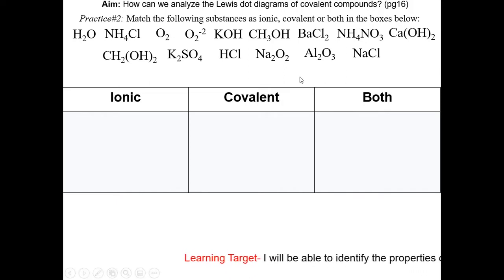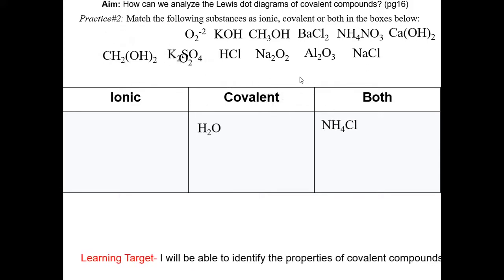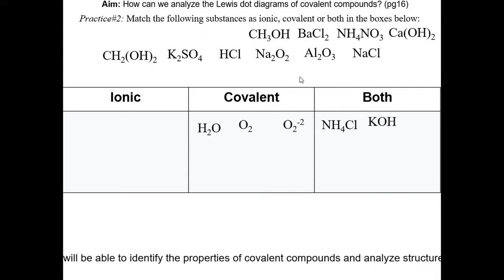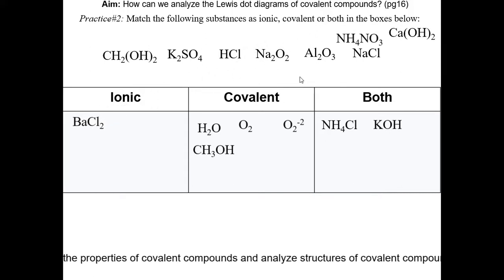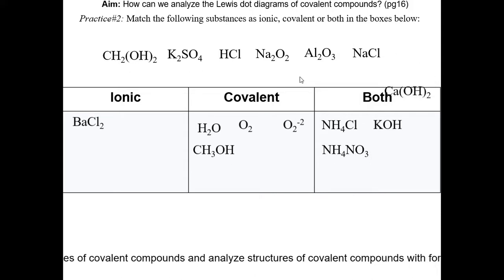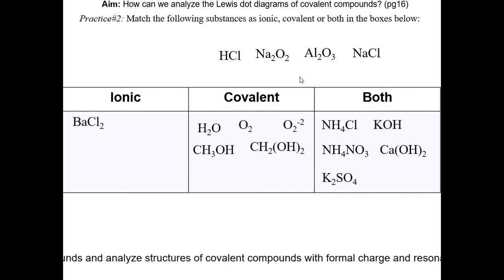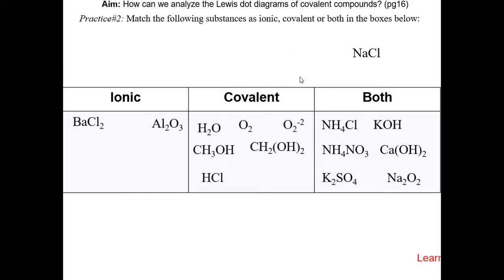Okay, so here are the answers. So if a compound is only ionic, it's only between a metal and a nonmetal.